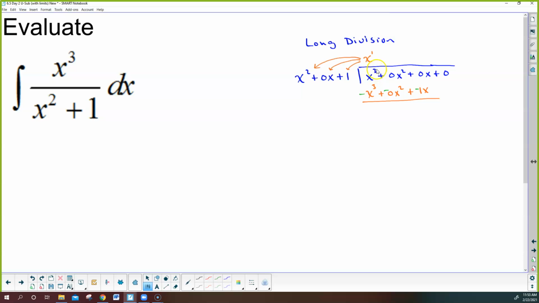So the x to the thirds go away. So do the x squareds. But I do have a negative 1x plus 0. And then notice this is an x squared and this is an x to the first power. So I can't go any further, which means I really don't even need that plus 0. That doesn't do much for me.